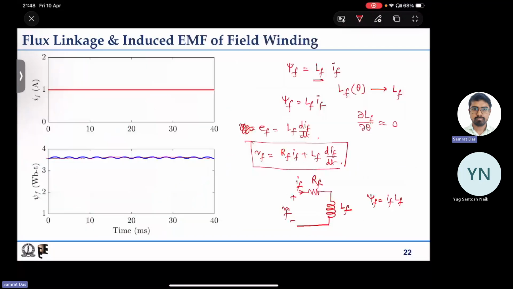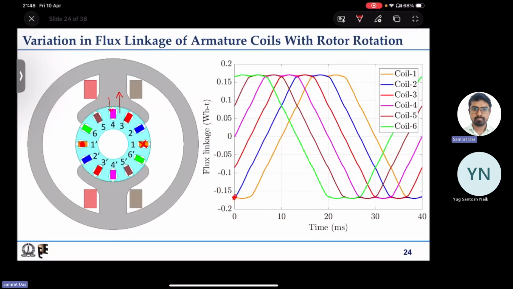Okay, I did not mention, so I have to assume something. What is the thing we have been considering? We have been considering the red one to be dot and the black one to be cross. So the flux will be upward. So that means the first thing that I told you was actually correct.